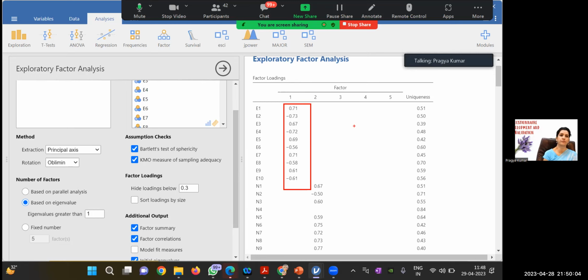All of you, please calculate the average of these 10 values. 0.71 plus 0.73. Please do it on your phone and type it in the chat box. Yes, we have to neglect the negative sign.